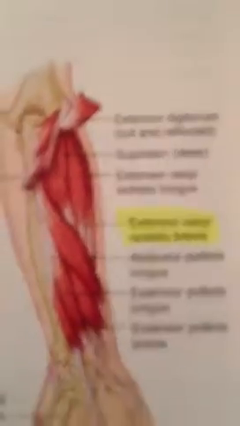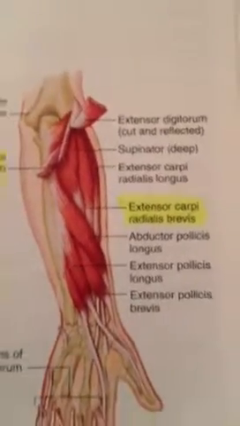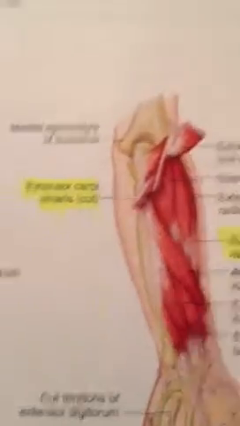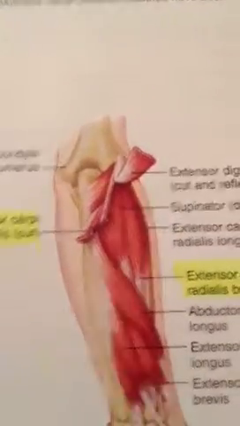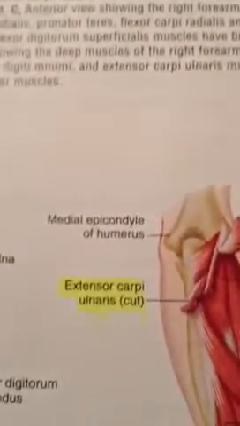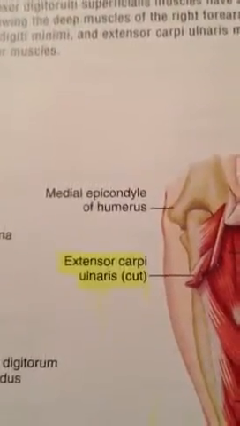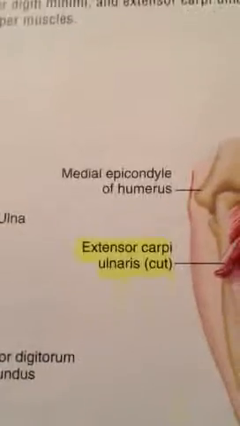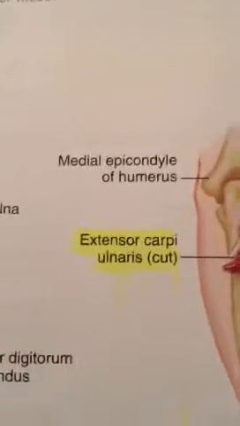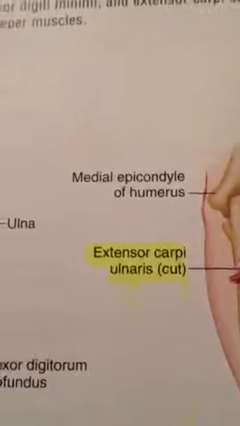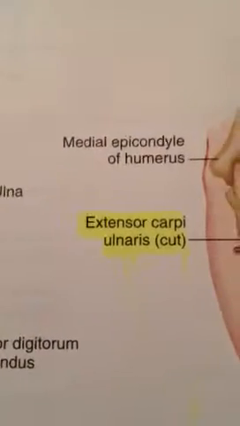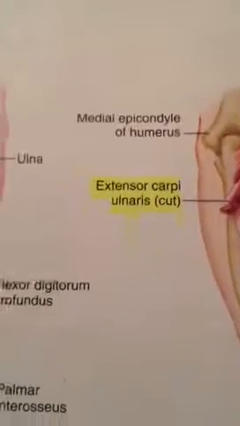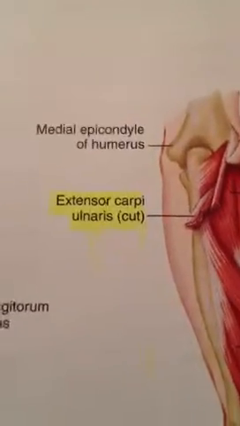Extensor carpi radialis brevis: origin is at humerus, and insertion is second and third metacarpals. Extensor carpi ulnaris: origin is at humerus, insertion is at fifth metacarpal. They both extend the hand.